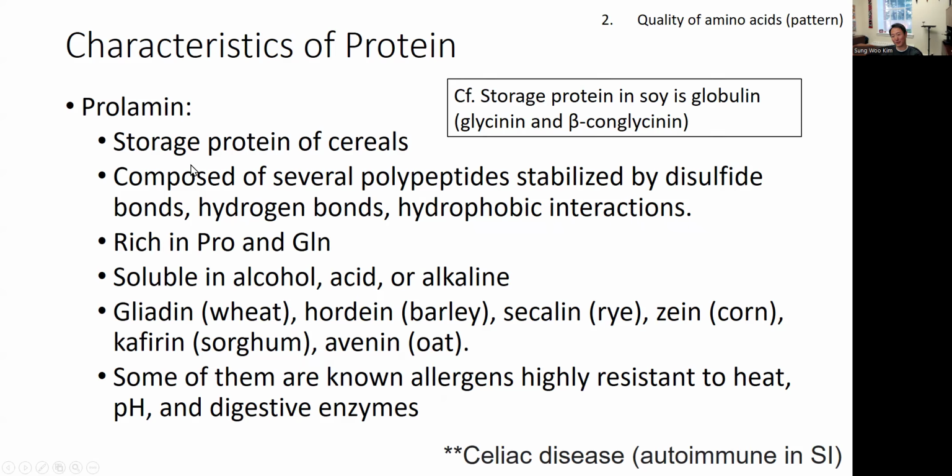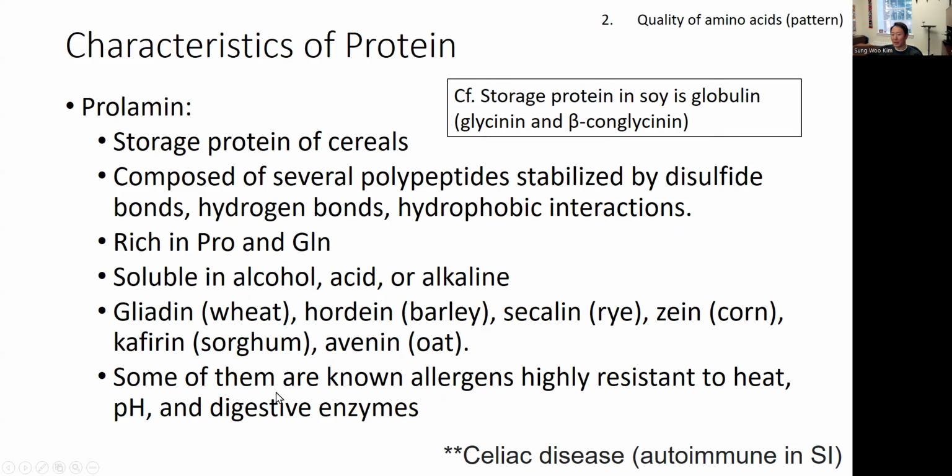I don't know if that's true or not, I have to really check, but the prolamine is high in proline and glutamine. It is soluble in alcohol, acid, or alkaline, but not in neutral water. So solubility is low in water.